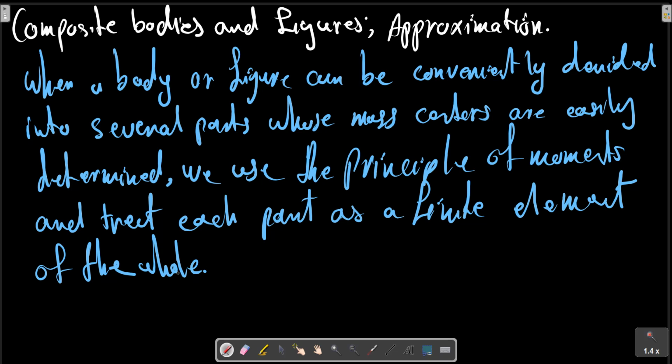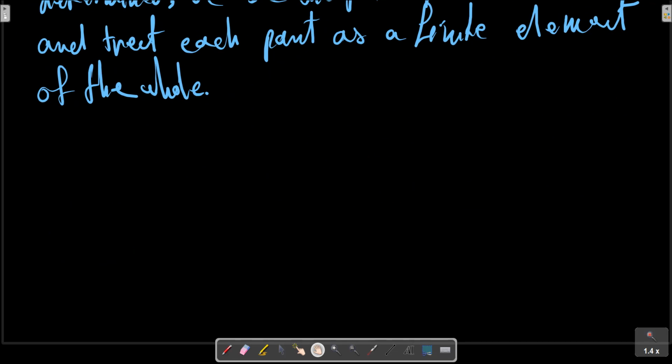Such a body is illustrated symmetrically in this picture. Consider this picture.